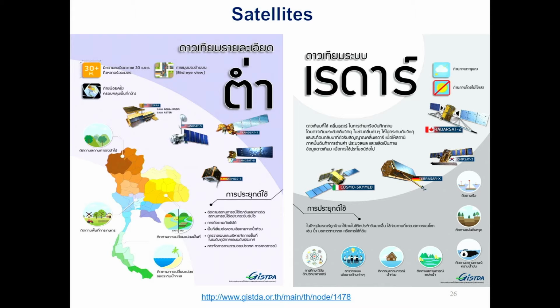But the low resolution image is a good way, because it's free, right? You can download the scenes and mosaic them together, and you don't need to pay for the image. That is the most important thing. Okay.